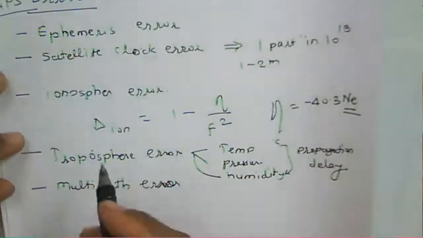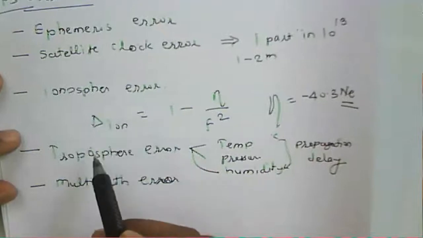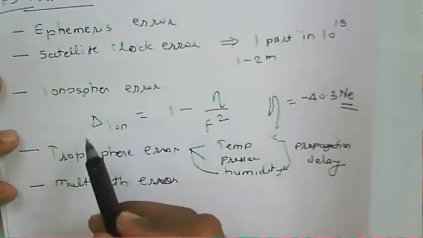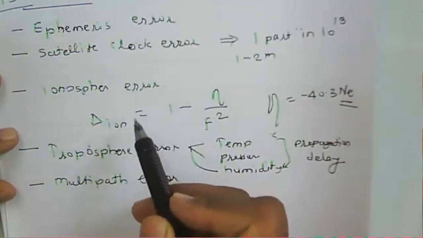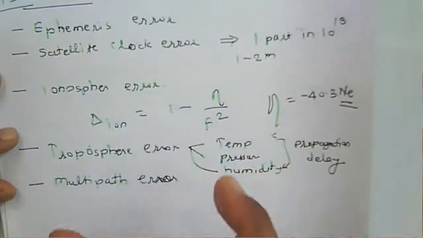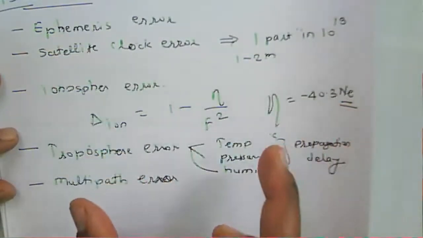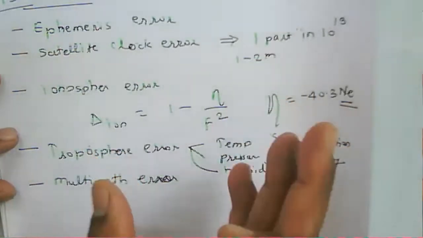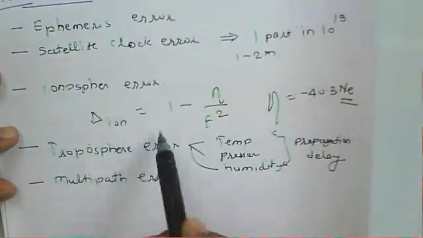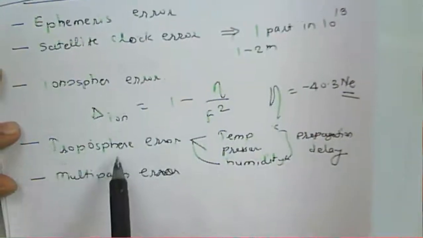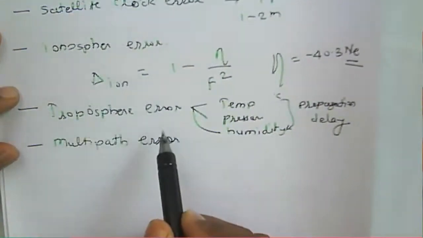So when a signal propagates through this, it will be refracted. It means there is refraction of that particular signal, with a small variation in the angle. Okay.